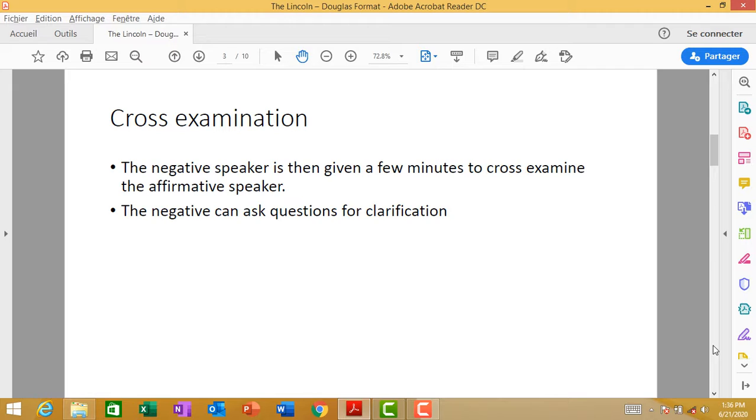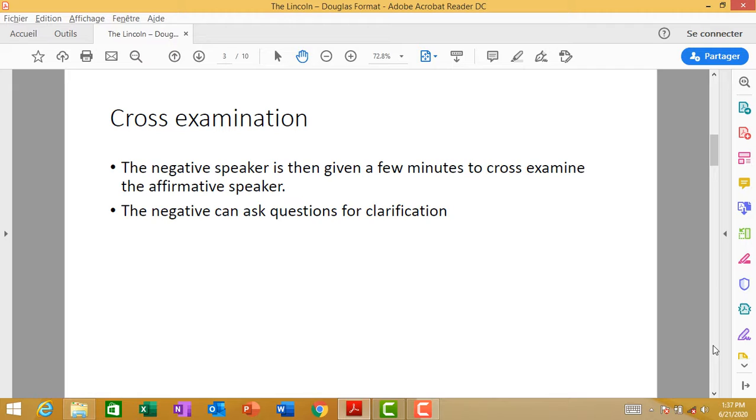That means if someone wasn't in agreement with what somebody else said, they could raise a finger or interrupt and present their objection, and it was for the debater to let them express themselves or not. But in this type of debate, there is a time allowed for what we call cross-examination.